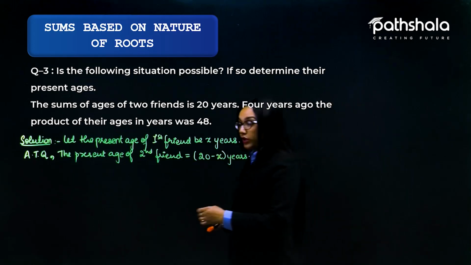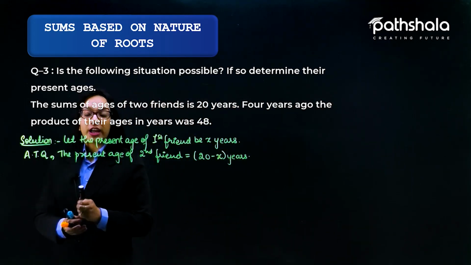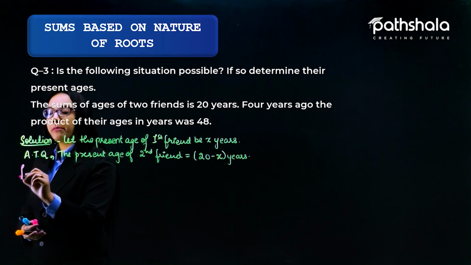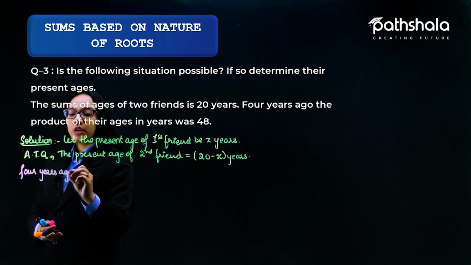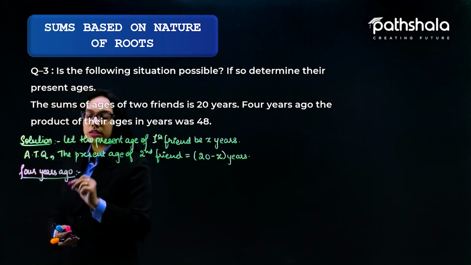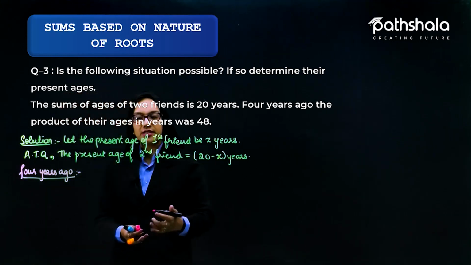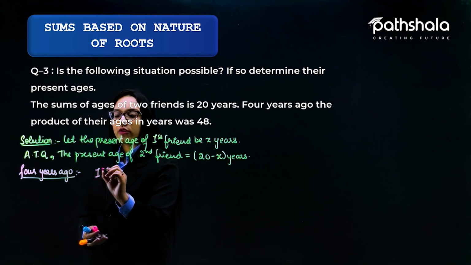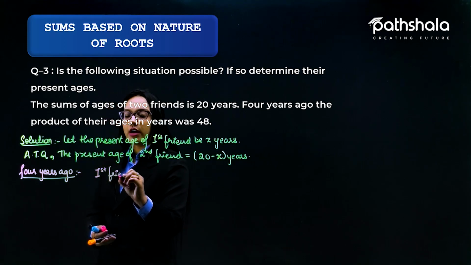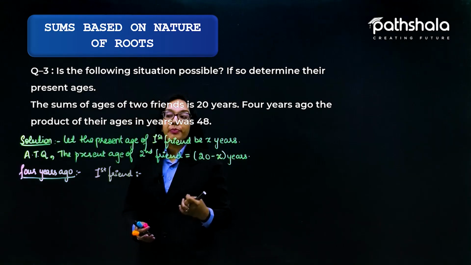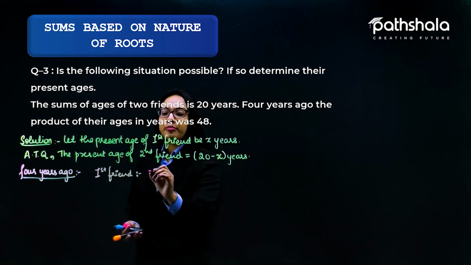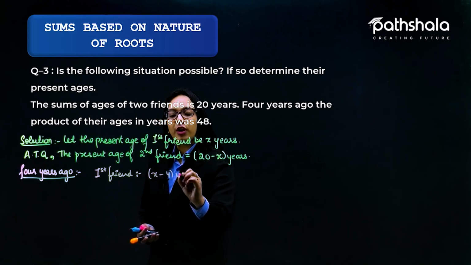Now, furthermore, in the question it says 4 years ago, means we are talking about the past. So let's talk about the age of the first friend. 4 years ago, the first friend's age would be X minus 4 years.